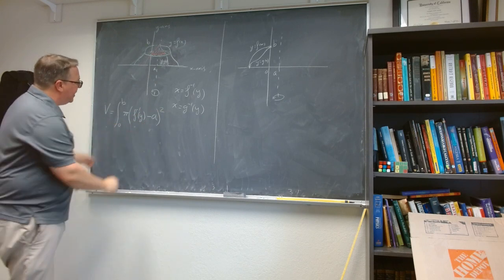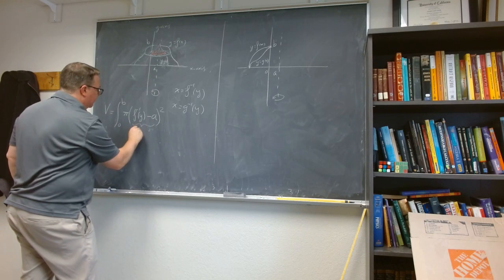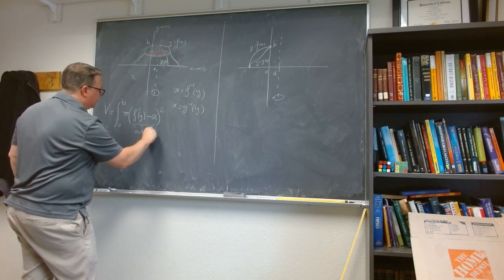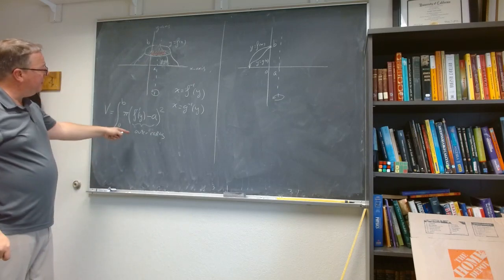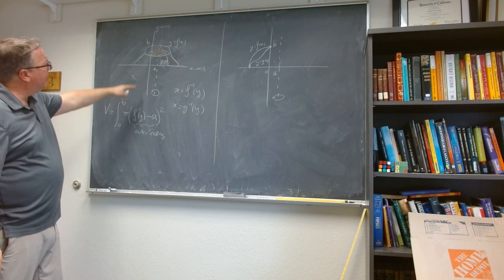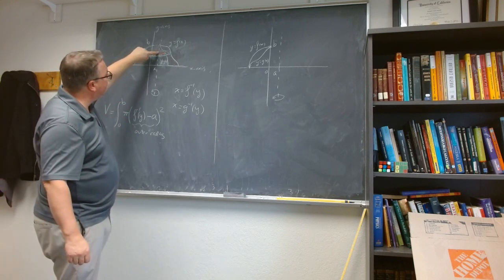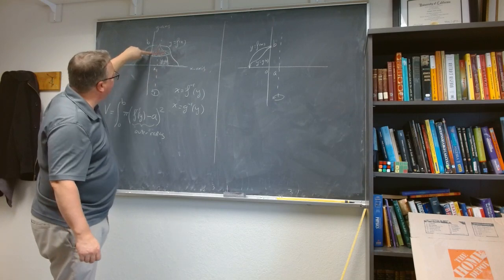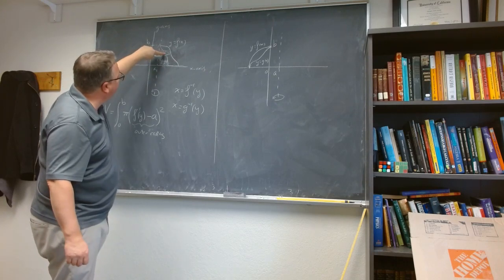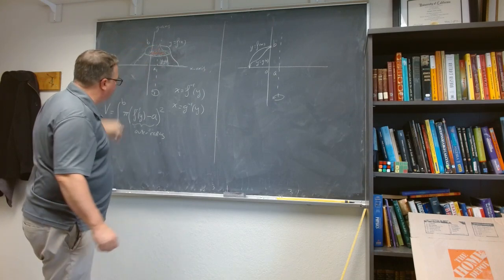So this represents the outer radius. And then for the inner radius, it's going to be very much similar, except this time we're just going from this dotted line to the g curve. And so it's the whole value of g without this a value.